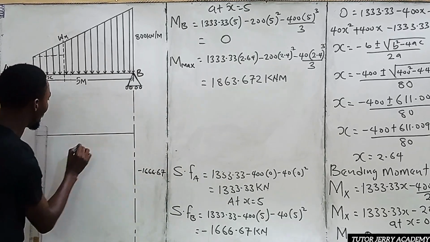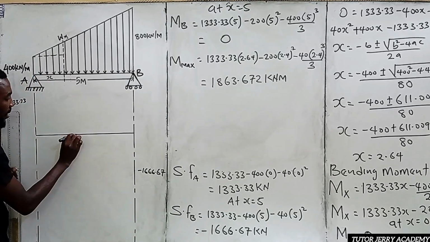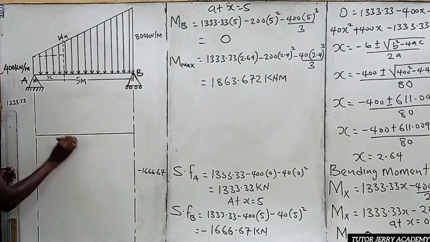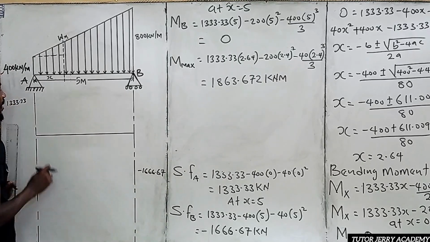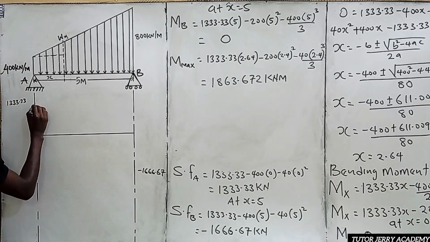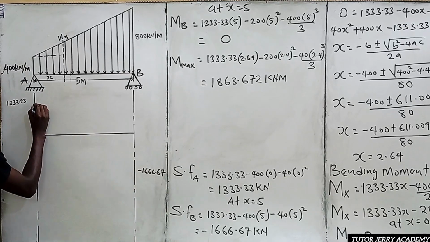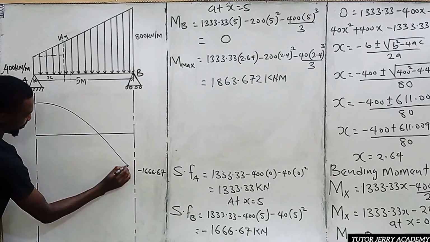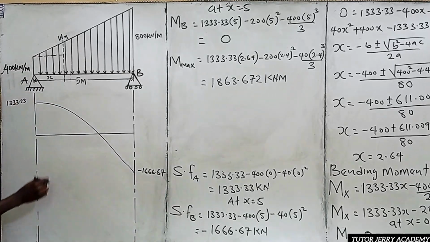You trace at 2.64 here, then you put your curve, then you draw. All right. So we are going to have something like this.